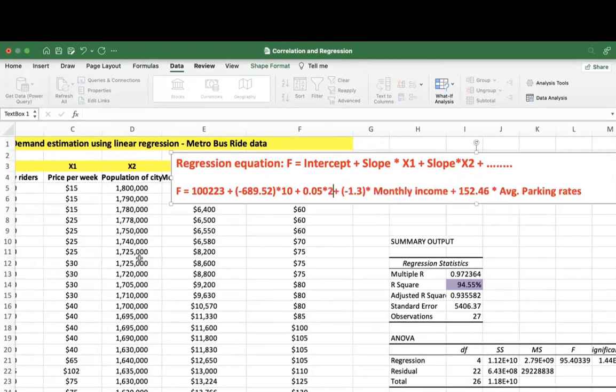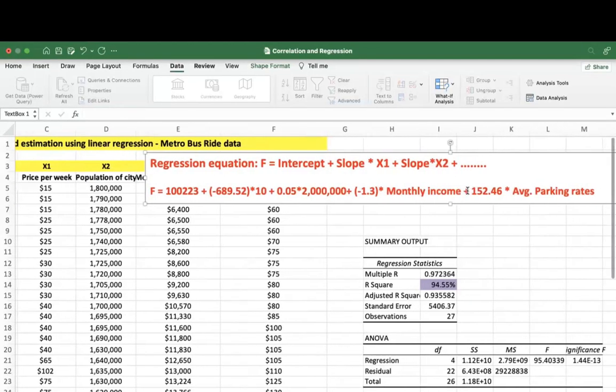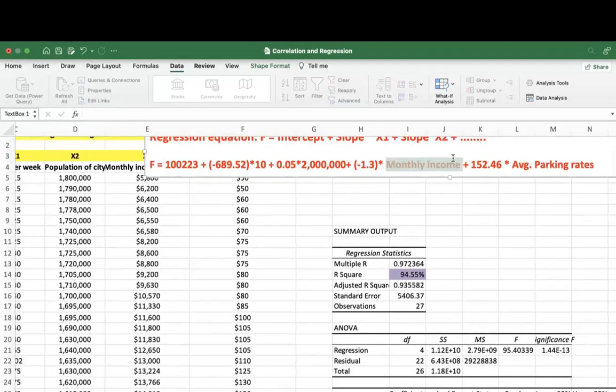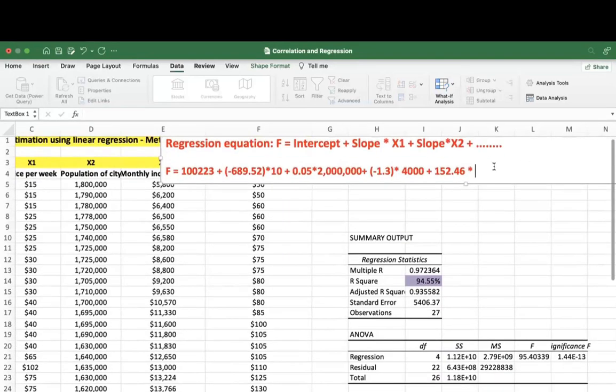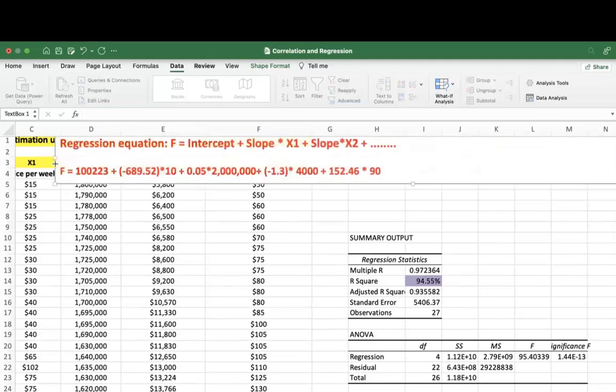What would happen if it goes to 2 million? I will write here 2 million. What about monthly income? 4,000. I will write here 4,000. And then the last one is average parking rates. What about if this increases to 90? If I solve this, it will give me the number of riders. The answer at the end of the day will be the number of riders.